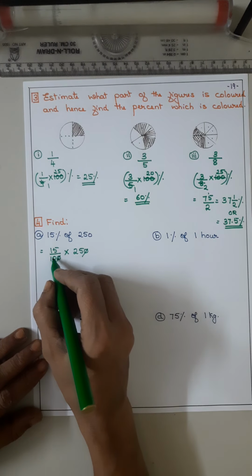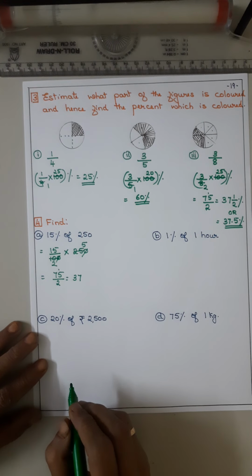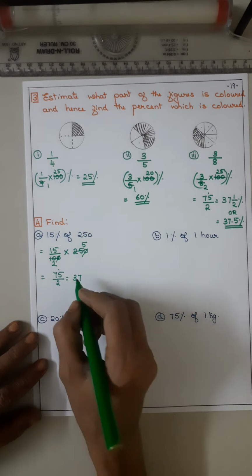So 15 fives are 75 by 2. Now 2 threes are 6, 1 remains. 2 sevens are 14. 1 by 2, or 37.5. Here also we got the same answer, isn't it?